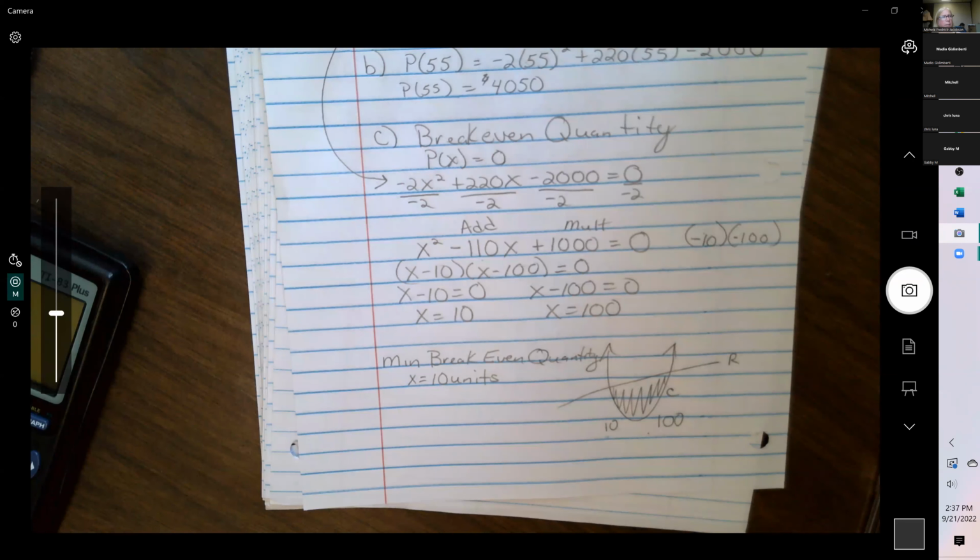I'll do the quadratic. On a graph, where you are earning a profit on a cost revenue graph, would that be below the x-axis? Probably not.